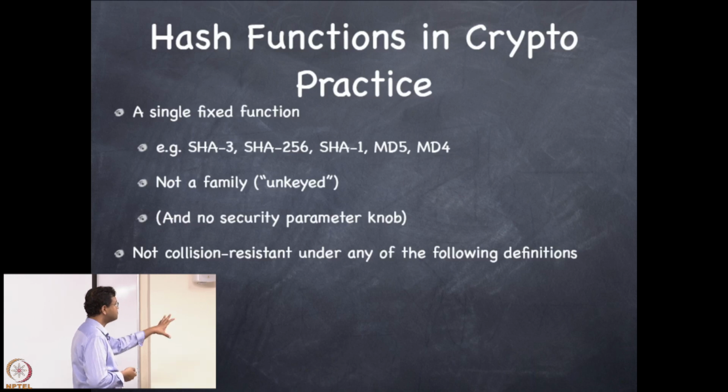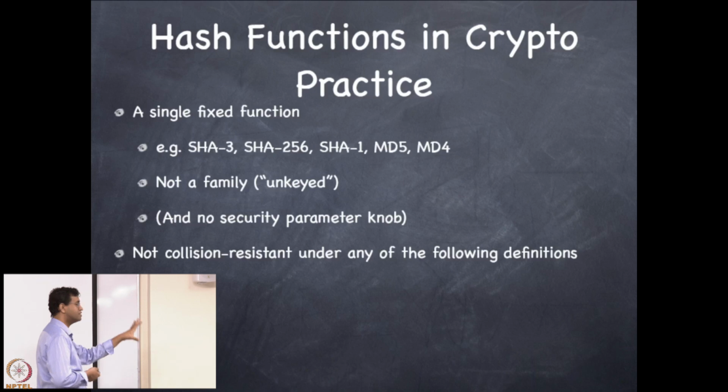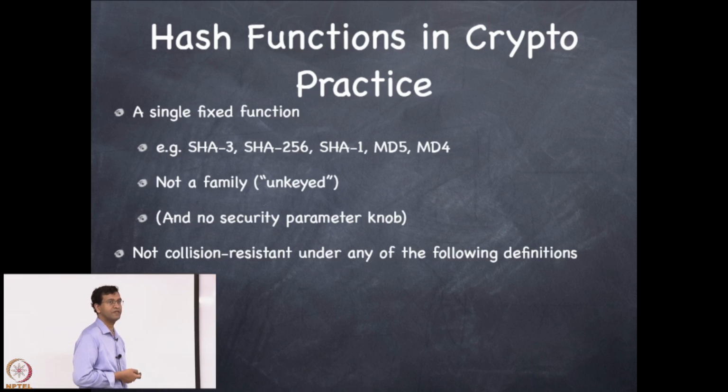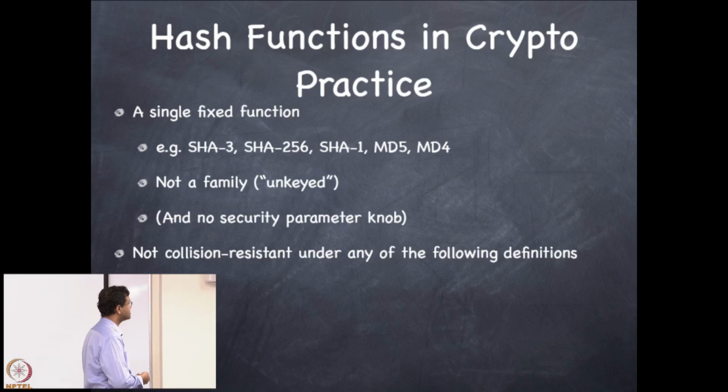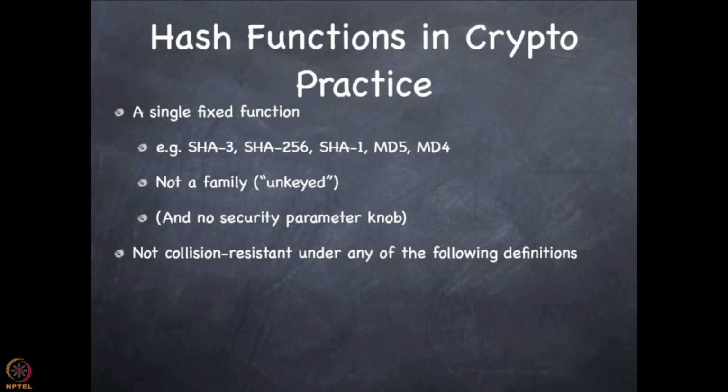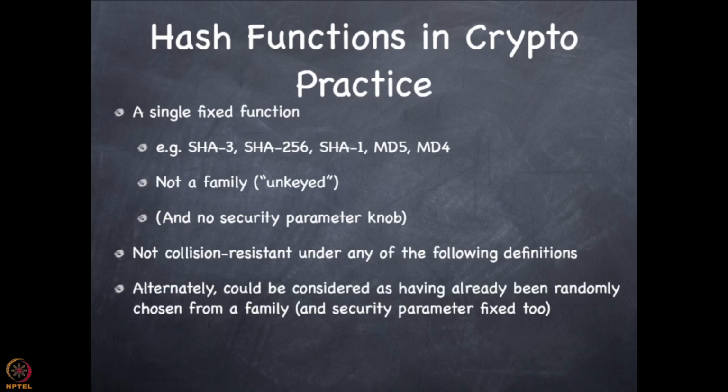And this kind of single fixed function is not going to be collision resistant under the definitions we are going to see. Or at least if we formalize those definitions, then it's not going to be secure. We'll probably not get to that level of formalism.